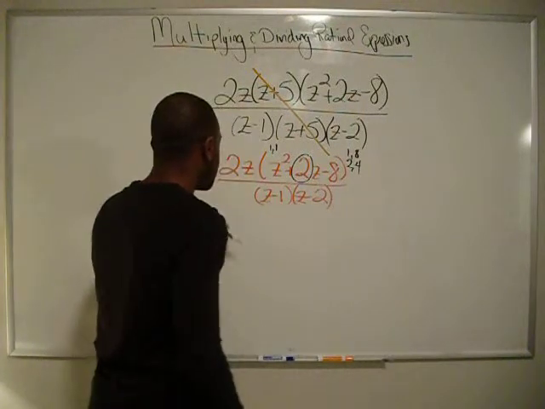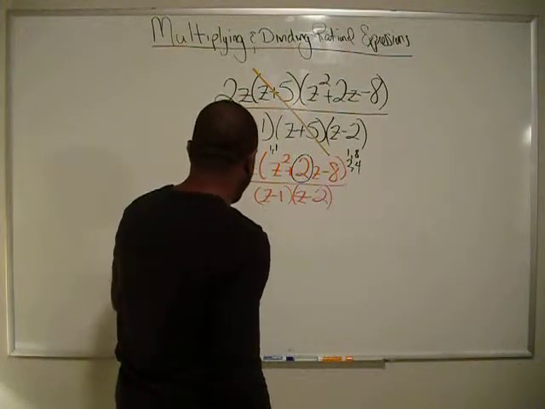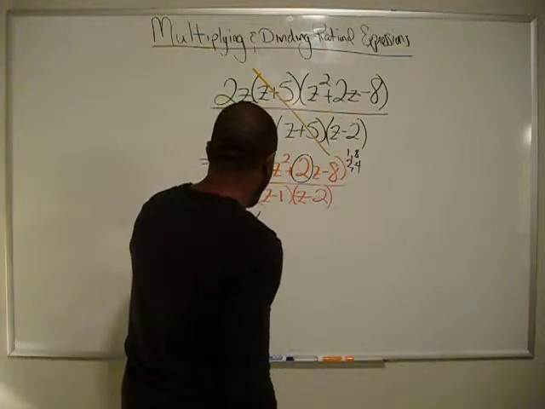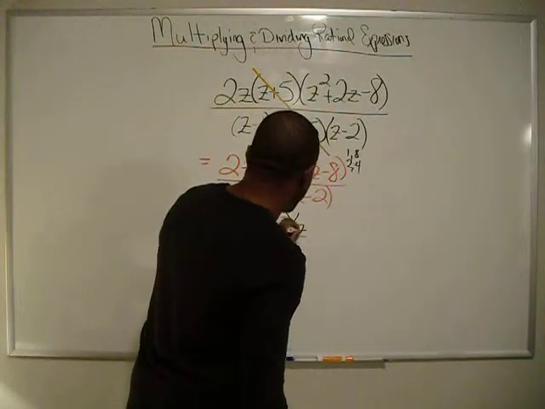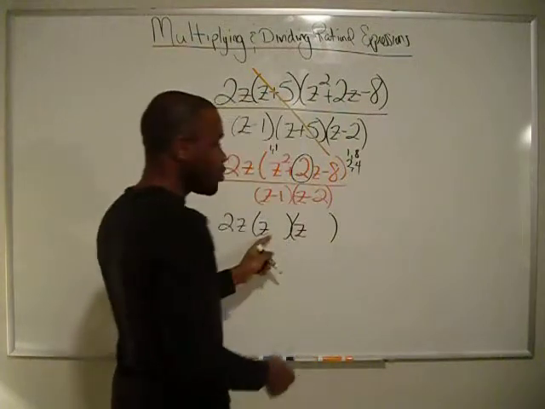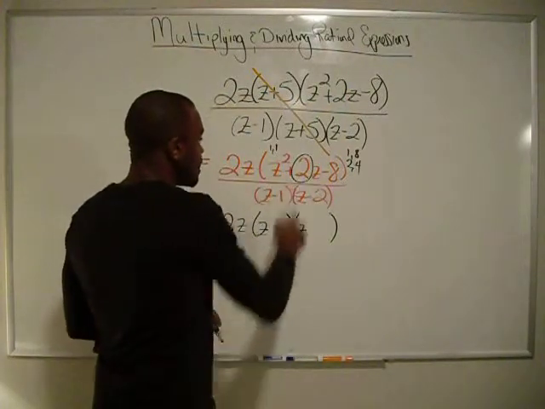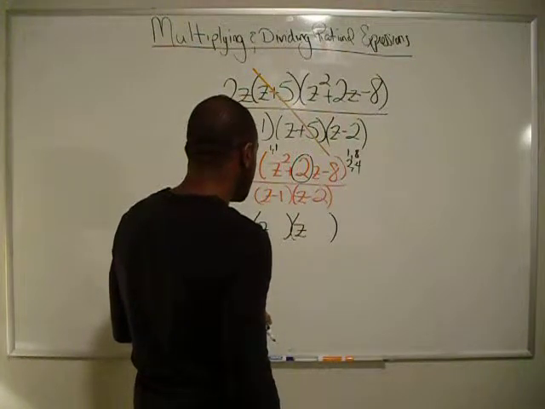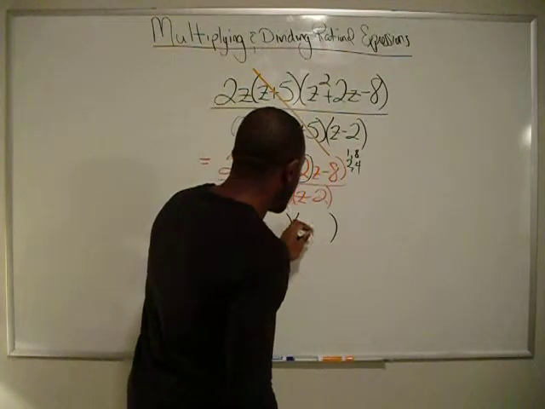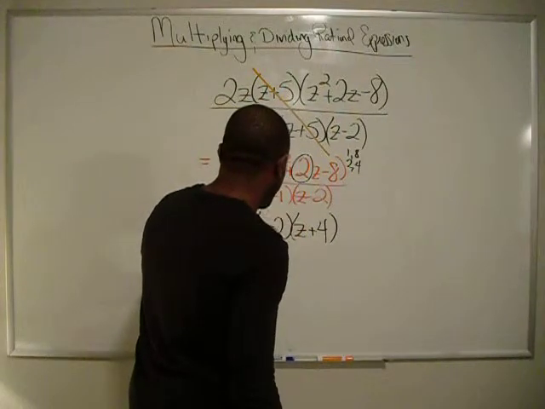So here we go. My result here is going to be 2z times, I do 2 binomials. We know it's z squared, so it's going to be z on both places here, a plus and a minus. So let's say I do z plus 4 right here, z minus 2 right here.